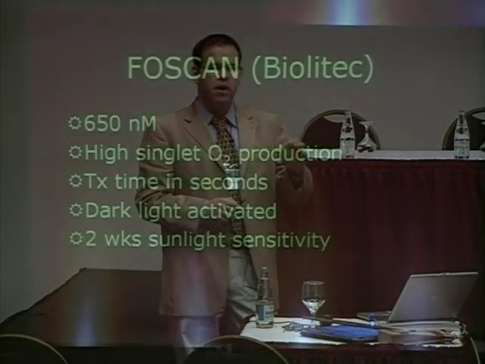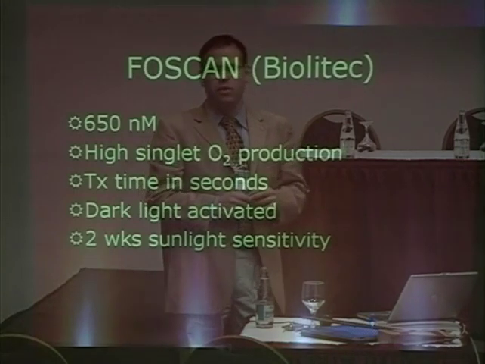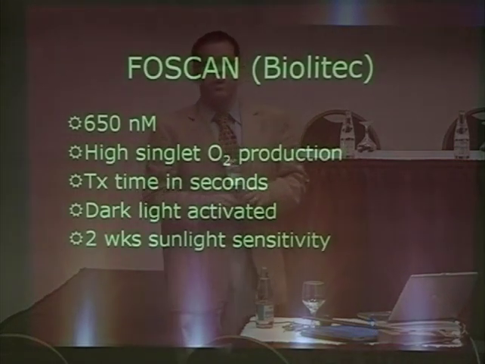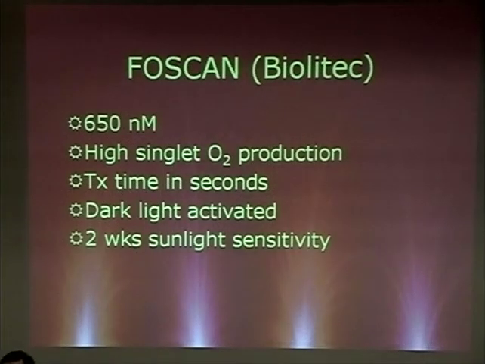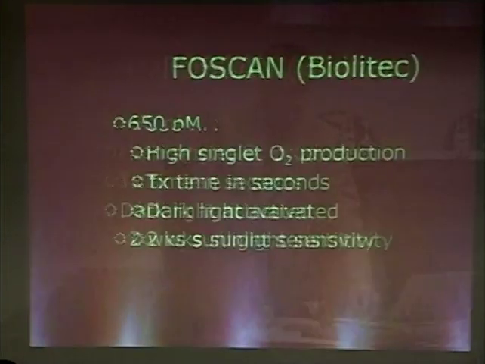It has a very, very potent ability to create singlet oxygen. So rather than treating for 10 or 20 minutes, you treat for 10 or 20 seconds. A drug like FOSCAN has a great deal of potential in the clinical arena because sometimes it's very difficult to get a light source stable on a lesion for up to 20 minutes. FOSCAN also has a little bit less sunlight photosensitivity.